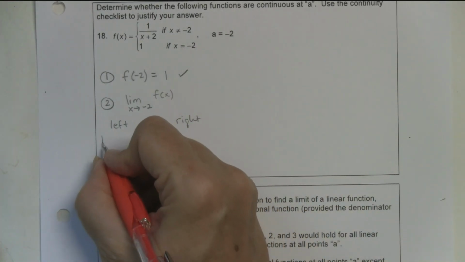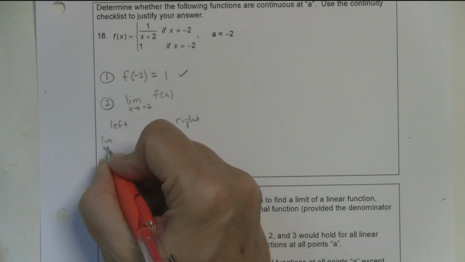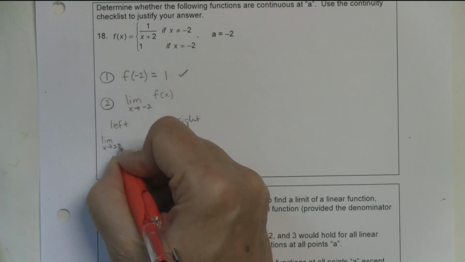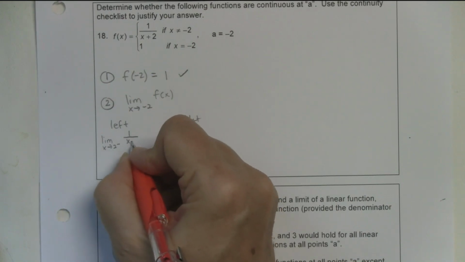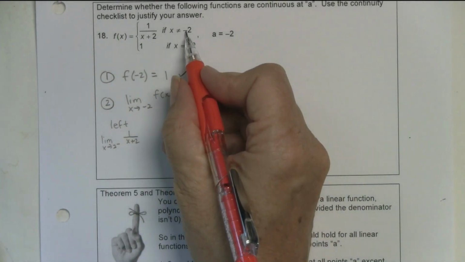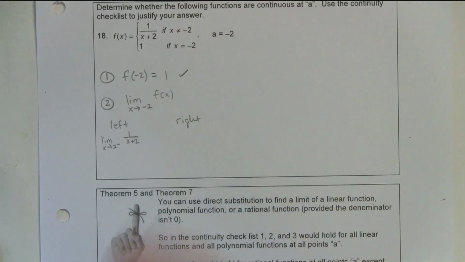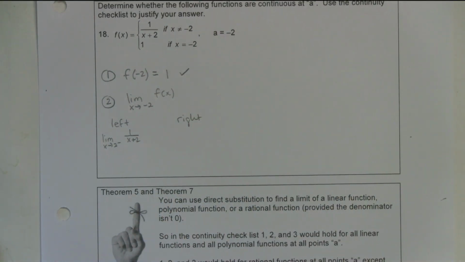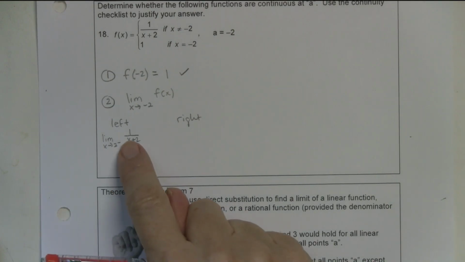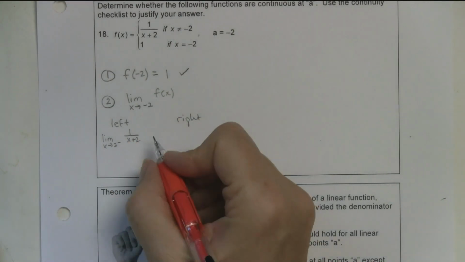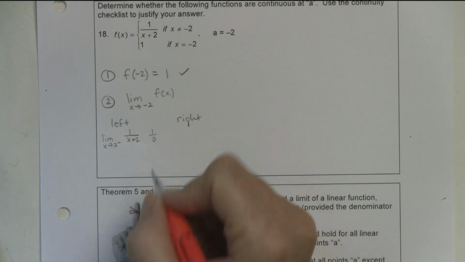So when I look at the left limit, this is as x approaches 2 from a little bit smaller than, and you would use this function here as long as you weren't exactly equal to 2. So as I get closer and closer to 2, this is 1 over 0.